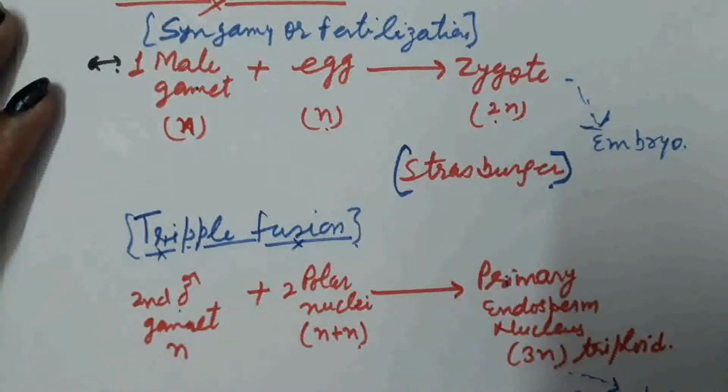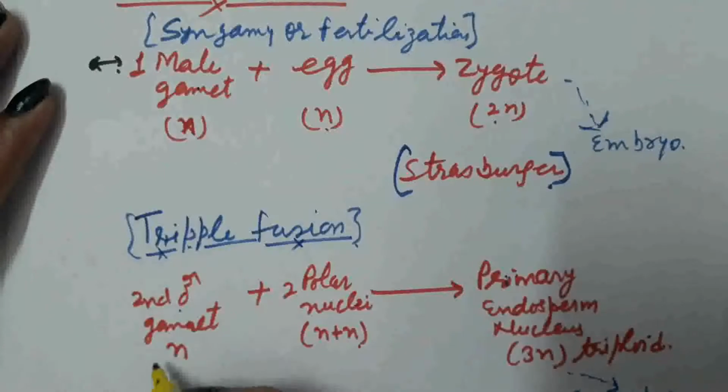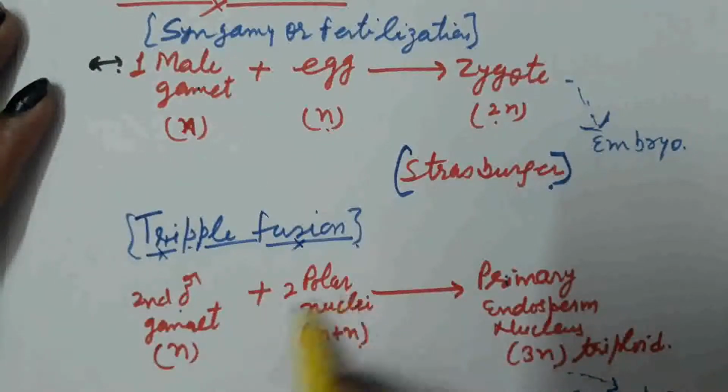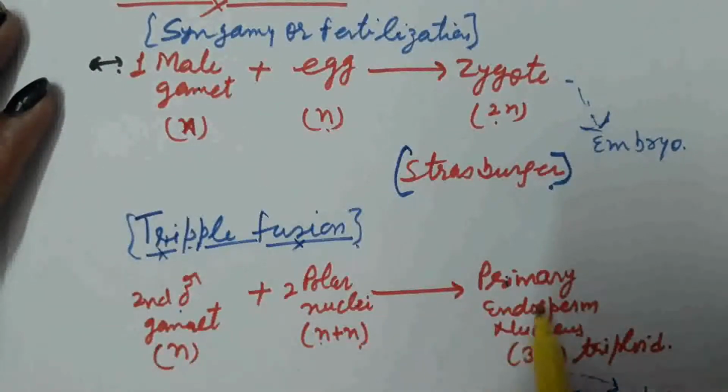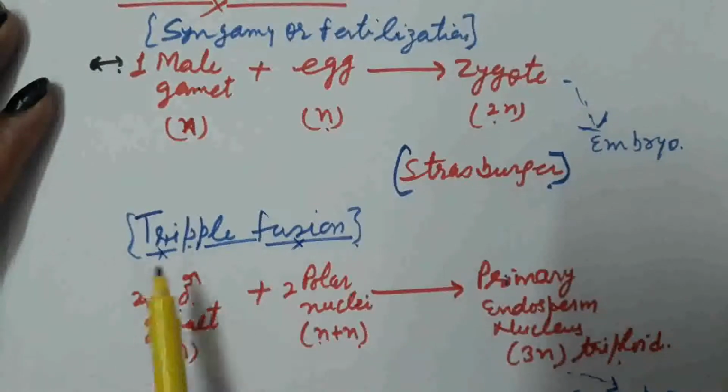In the male gamete, the haploid number of chromosomes, n, is present, and in each of the polar nuclei, n number of chromosomes are there. So all 3 combine together to form the primary endosperm nucleus. So 3n combine together to produce the triploid primary endosperm nucleus. So 3 nuclei are fused in this process. This is known as triple fusion.